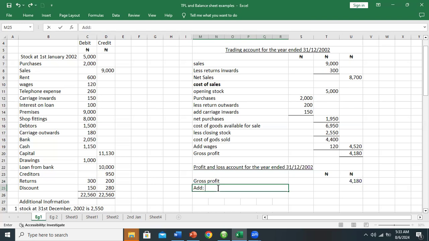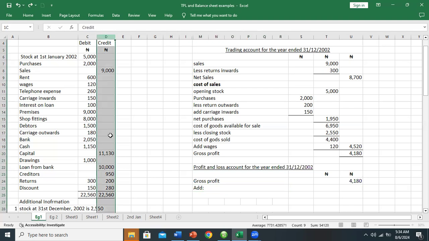And please, per the sheet I showed you, your other income is discount received, which is the very common one, commission received, rent received, interest on investment. And the clue is that these items have credit balances. Income has credit balance. So you check the credit side of the trial balance for these other income. So let's see if we can fish them out.